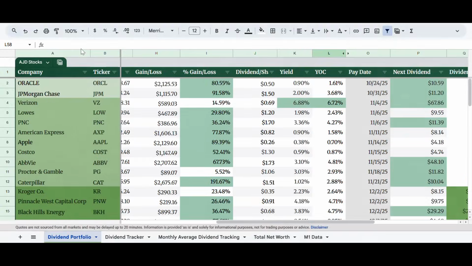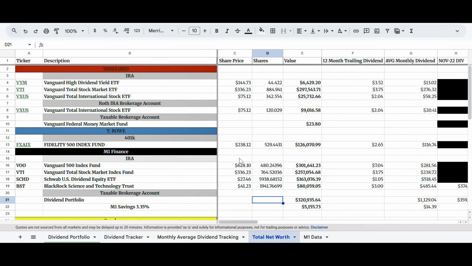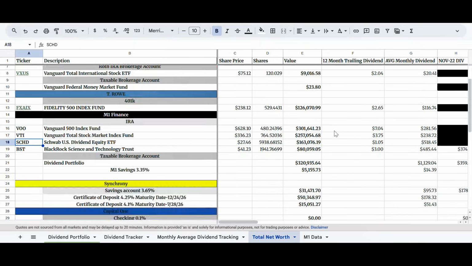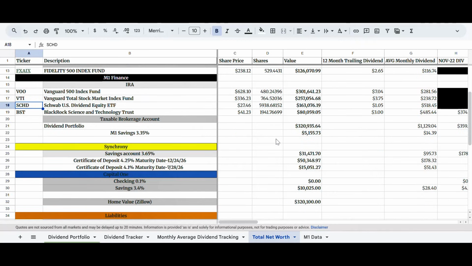I'm going to show you something real quick. I'm going to go to my total net worth, and I use this over here. This is what I have in my IRA at M1. Usually I focus on the taxable brokerage account, which is this line right here.